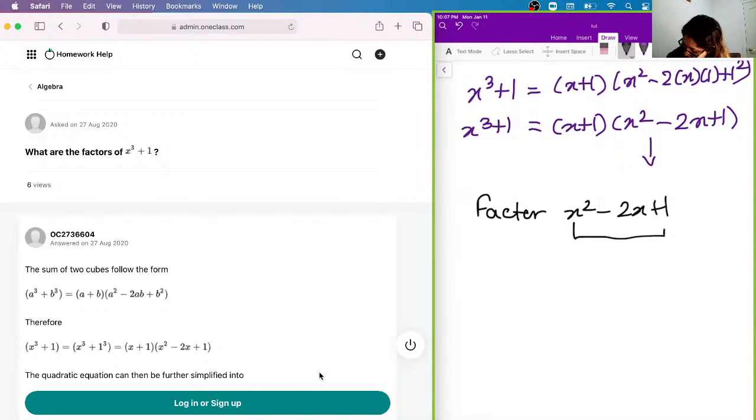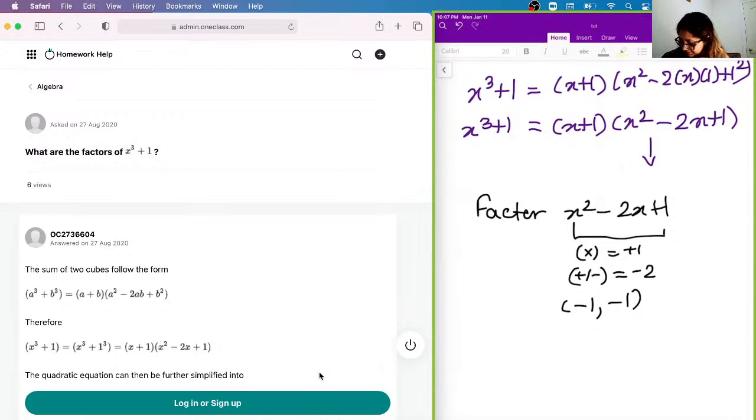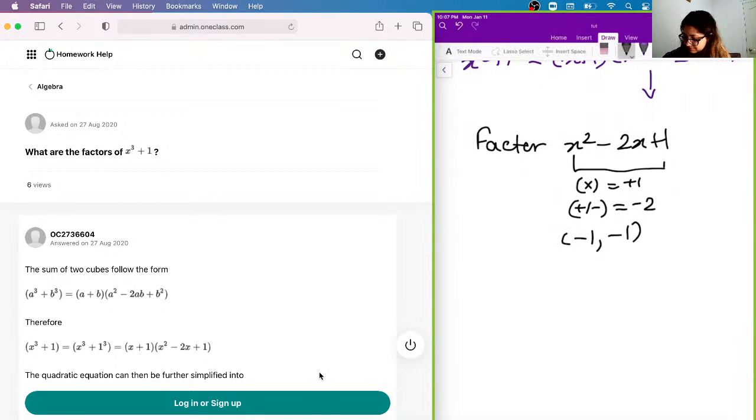If you multiply, it would give you positive 1, and two numbers that if you add give you negative 2. In this case, the only two numbers that multiply to positive 1 are negative 1 and negative 1. And so we can use these two numbers to factor this trinomial.